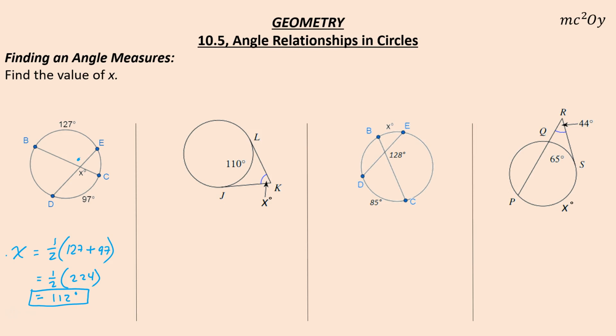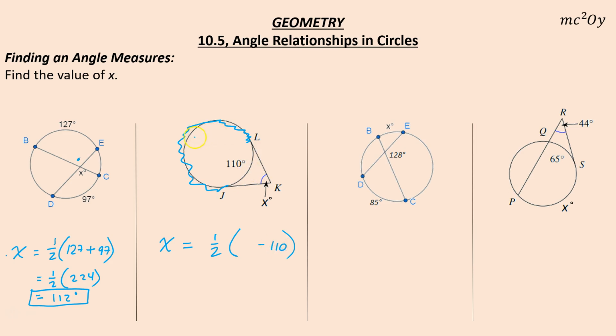Okay, looking at our angle that we're dealing with in this picture, the angle's outside. So when the angle's outside, the angle is going to be equal to 1/2 of a difference. We're subtracting in this scenario. And the difference is the big arc minus the small. Well, I know the small is 110.